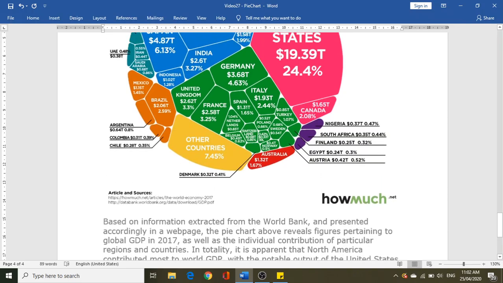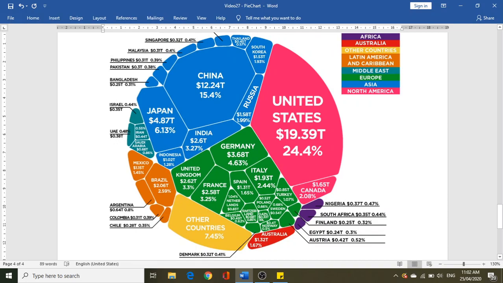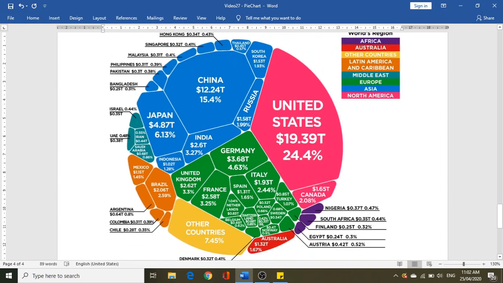So as we discussed in the previous video, out of all these countries, we will only be mentioning for the Americas, United States and Canada. And then for Asia, we will be mentioning China, and then Japan and India. The rest we can just choose to ignore. And for the European Union, we will highlight four countries.